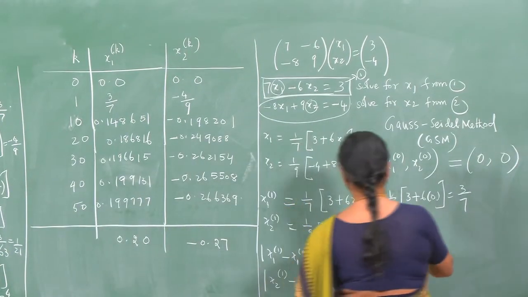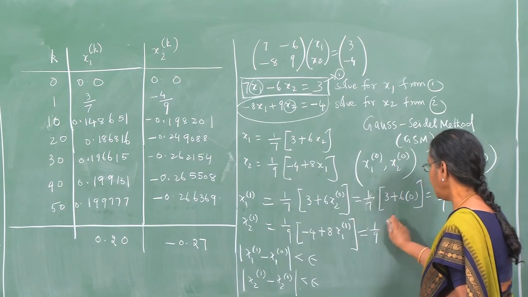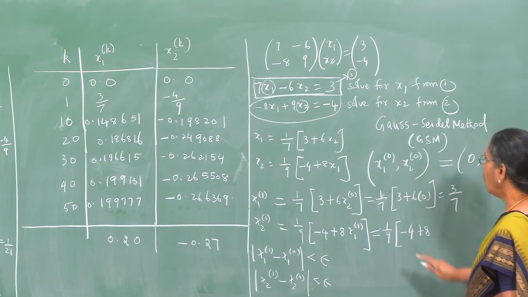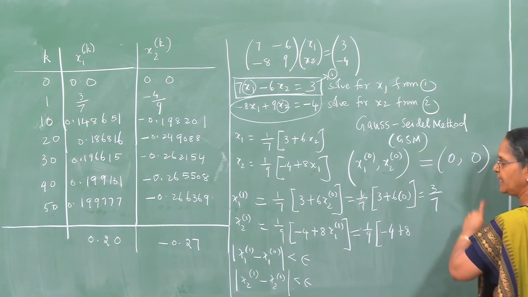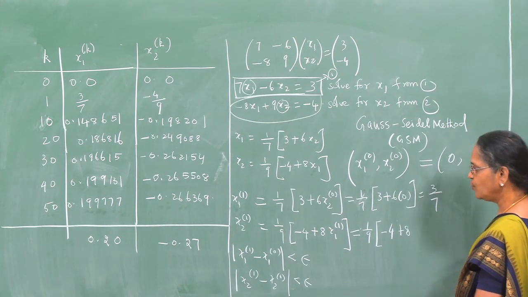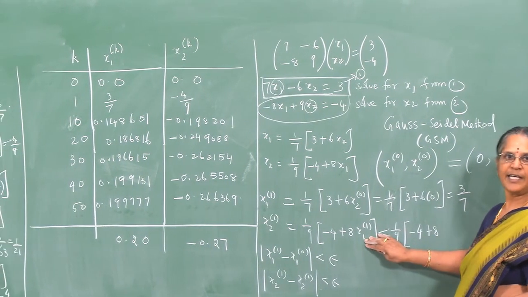Now I work out x2 1 and I see that it is 1 by 9 into minus 4 plus 8 times x1. Although initially I approximated it to be 0 in the previous step, I would like to make use of the solution that is available to me for x1 currently.